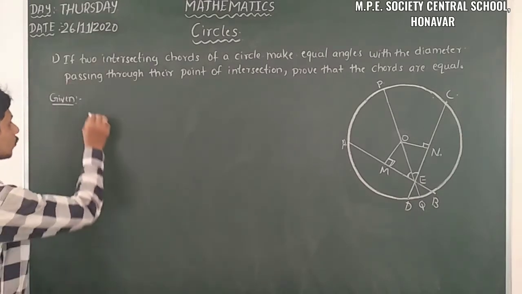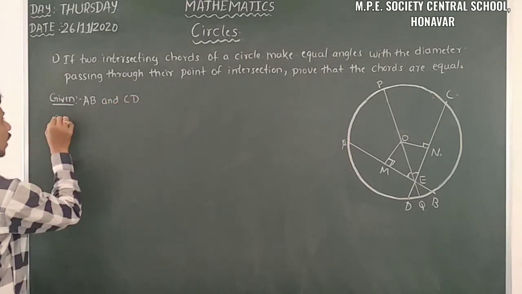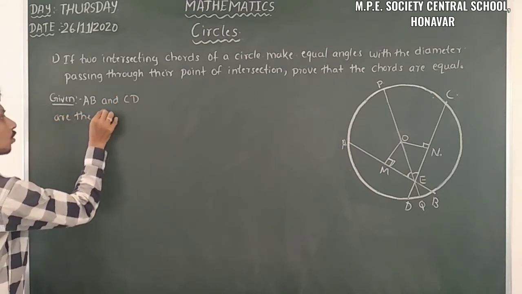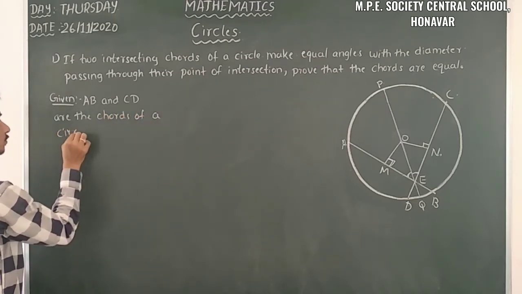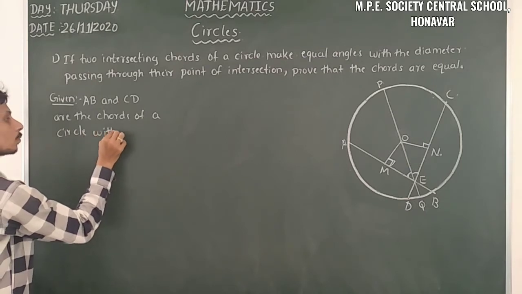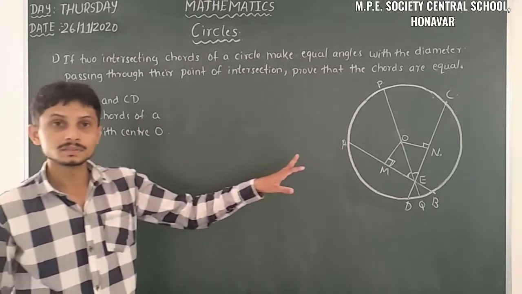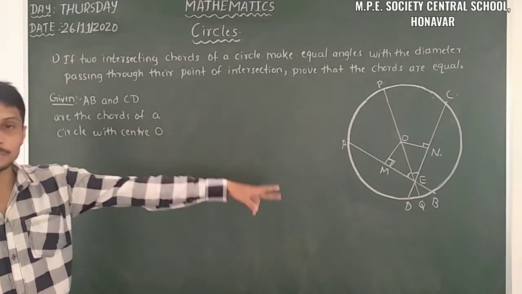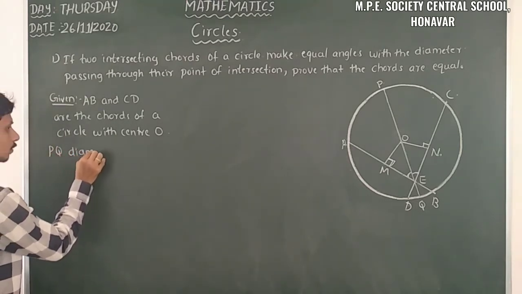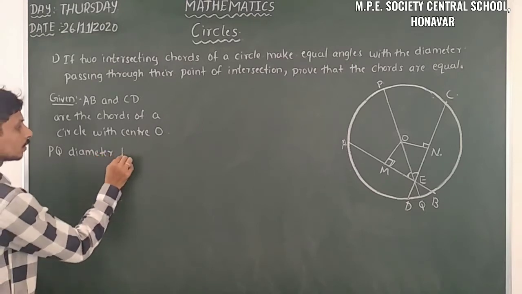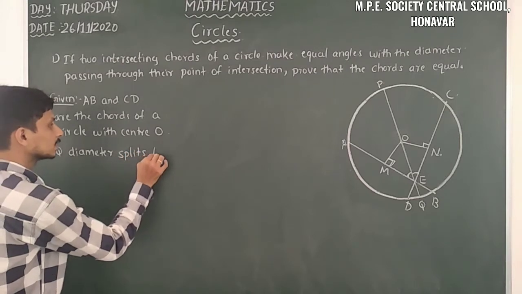AB and CD are chords of a circle with center O. Then we have a diameter PQ, which splits the point of intersection.